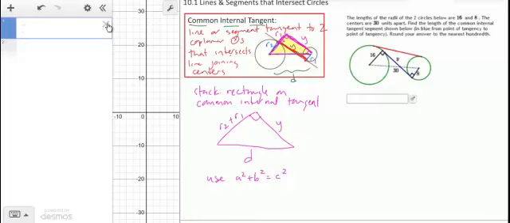So if I am applying these properties to find this measure, I see that I have this y value, this common internal tangent. I'm going to build a rectangle onto that, across from that common internal tangent. So this is 90 degrees here, meaning that length is 8, and this side is y.